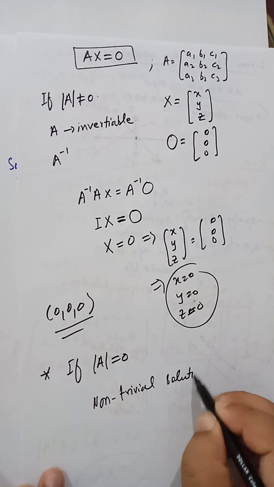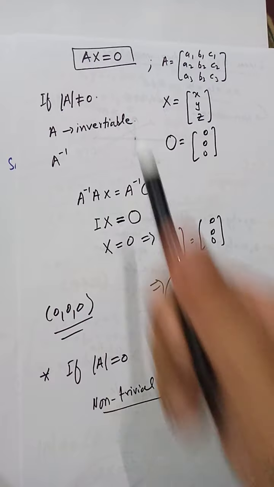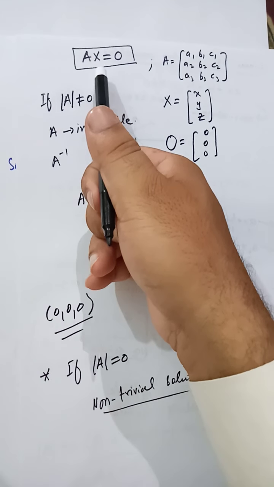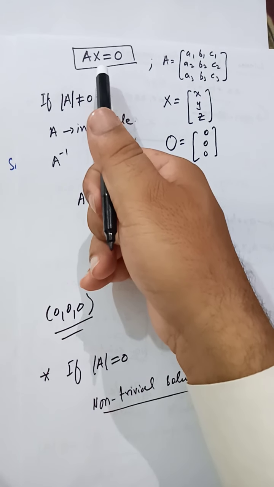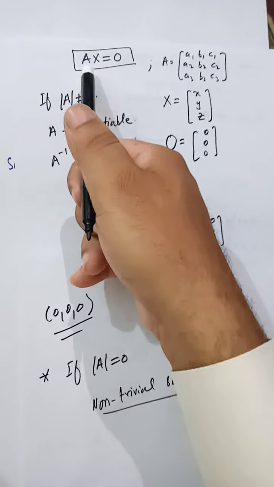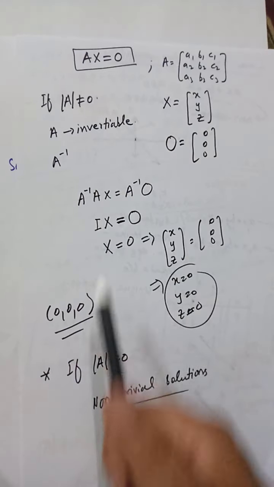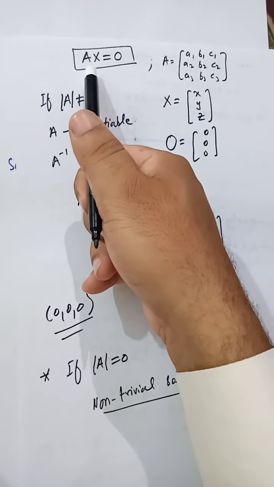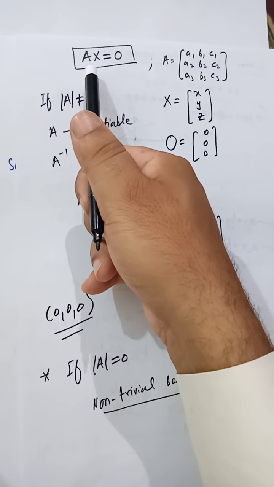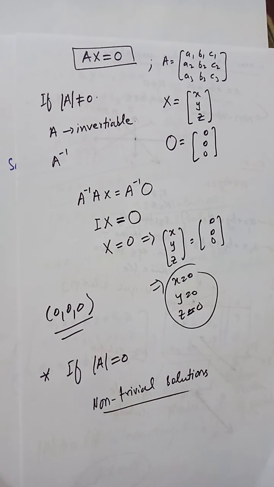So these are the two important points. A system of homogeneous linear equations in three variables has a trivial solution, meaning the zero solution, if the determinant of the coefficient matrix is not equal to 0, meaning non-singular. And if the determinant equals 0, meaning A is singular, you will get non-trivial solutions.